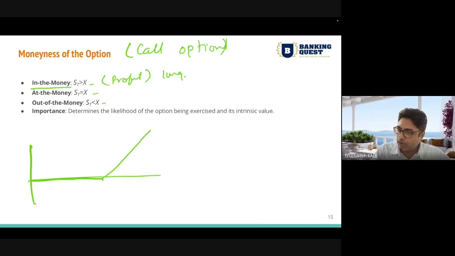At the money means no profit, no loss. Out of the money means when you are in the position where you are losing premium.